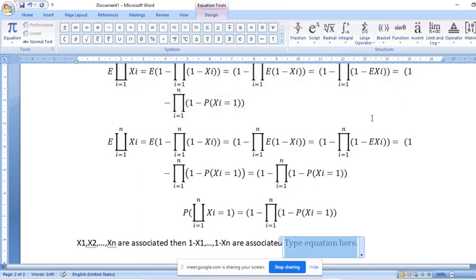Using the previous result, we can say that expectation of... so you can take the product.